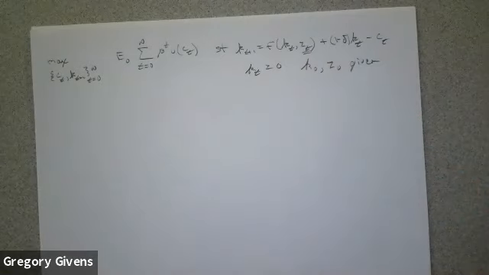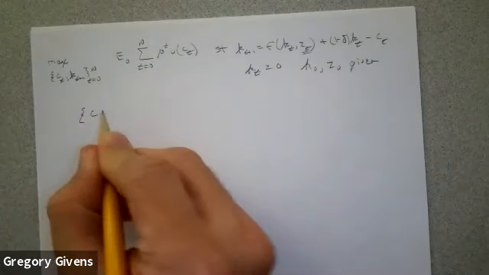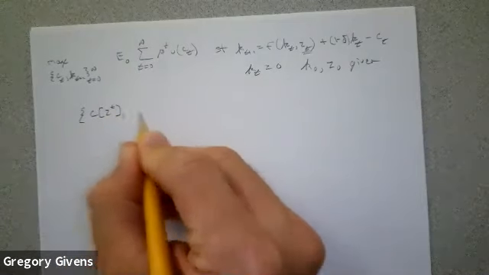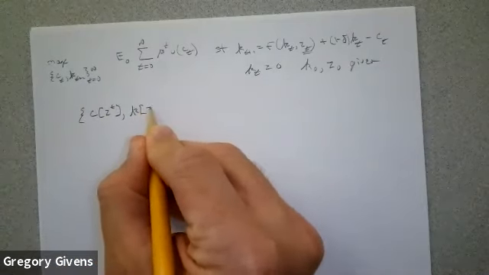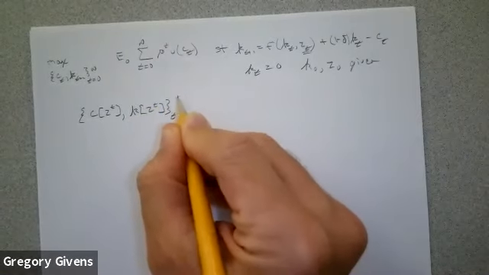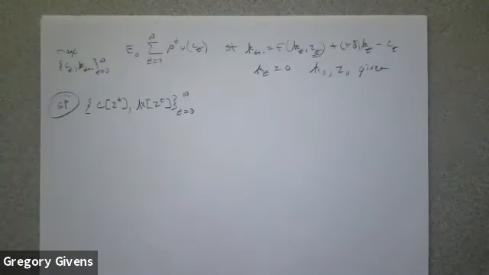Now, if the planner tried to solve this model using the sequence problem, what would she do? She would try to find an infinite sequence of these state contingent plans for capital and consumption. And of course, that is difficult to do.